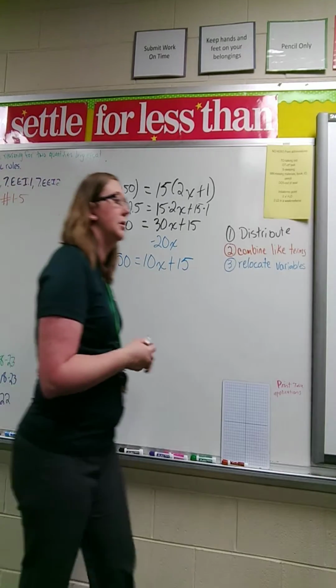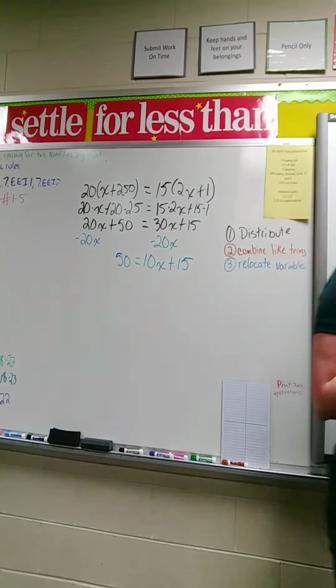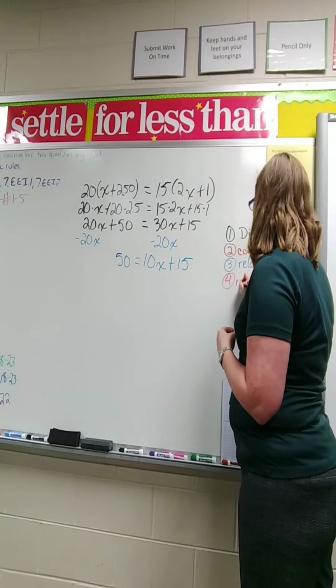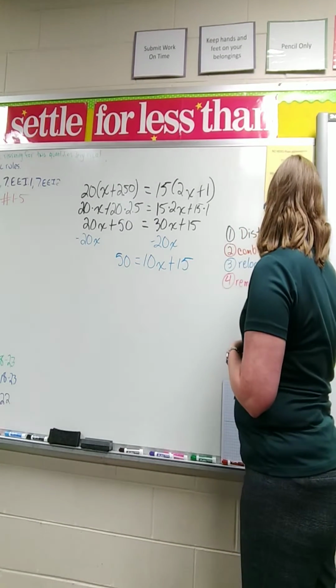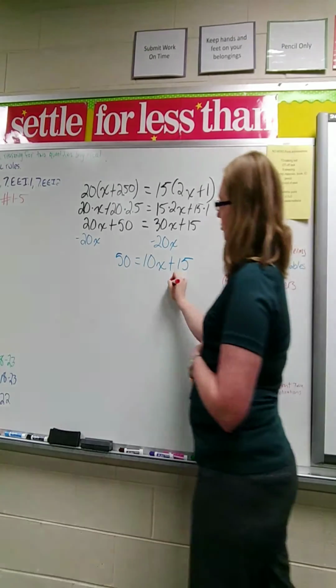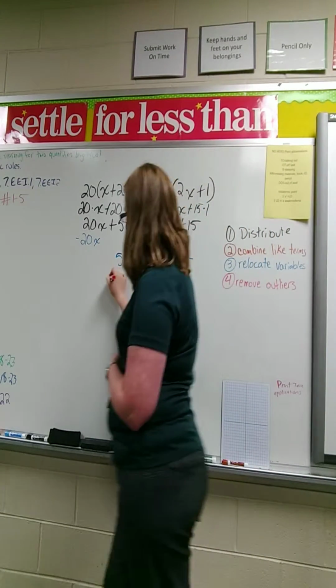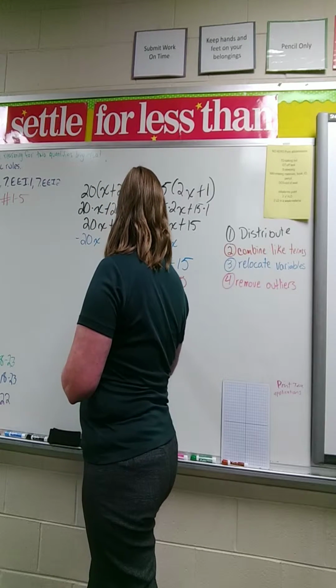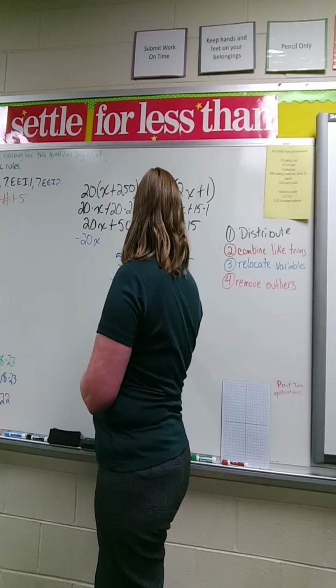Step 4, we remove our outliers. So here we would subtract 15, leaving us with 35 equals 10x.